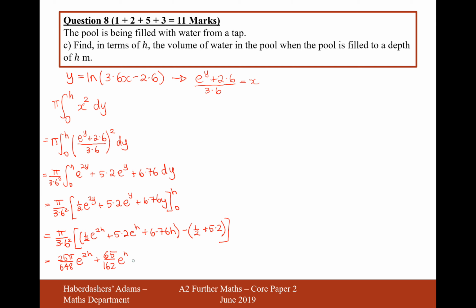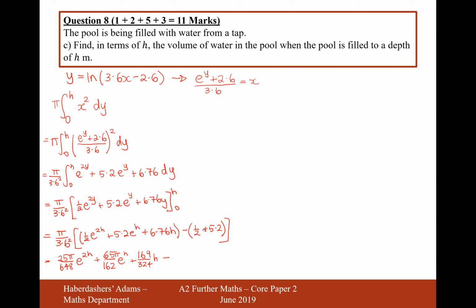The next bit's going to be 6.76 divided by 3.6 squared, and that's going to give us 169. Oh, whoops, I missed the pi out in this one. Pi 169 over 324 h. And then it's going to be minus.